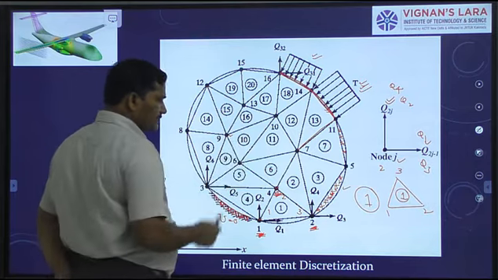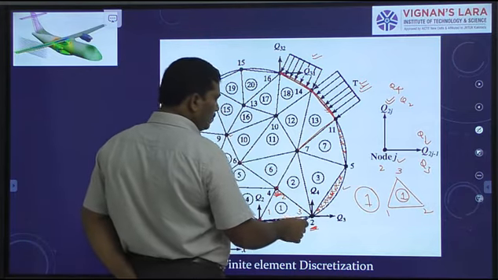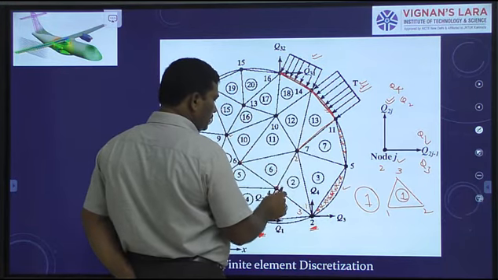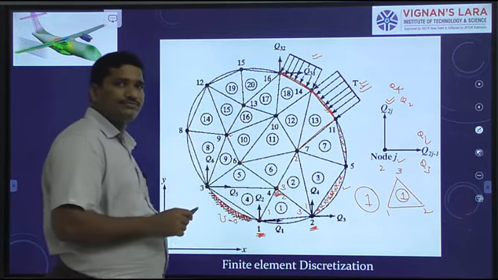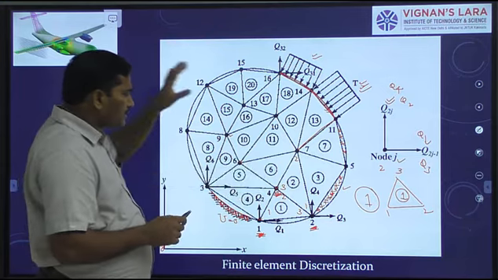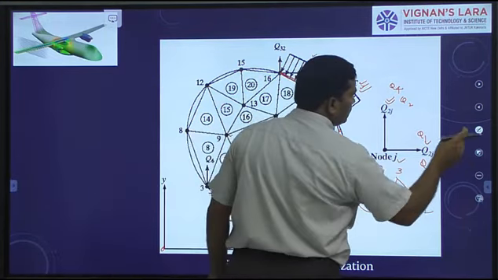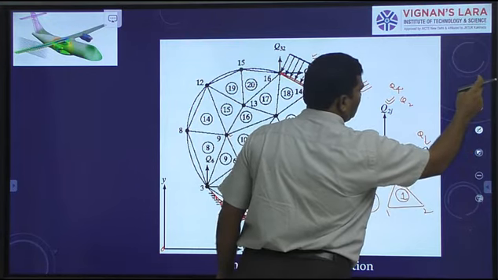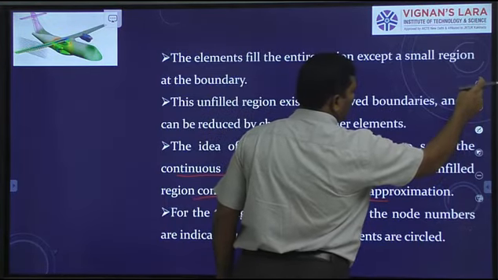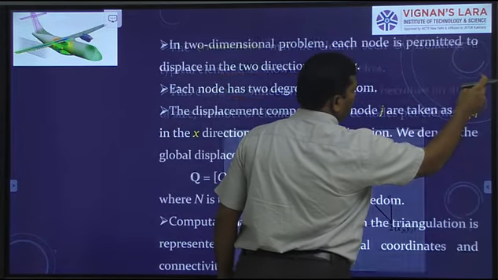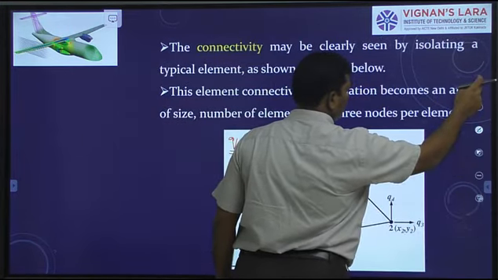For CST element 2, I can define like this. Node 2 is the first node, and node 7 is the second node, node 4 is the third node. All these details you have to give before solving the problem, right? The details we say element node connectivity details. These are very important. Okay.